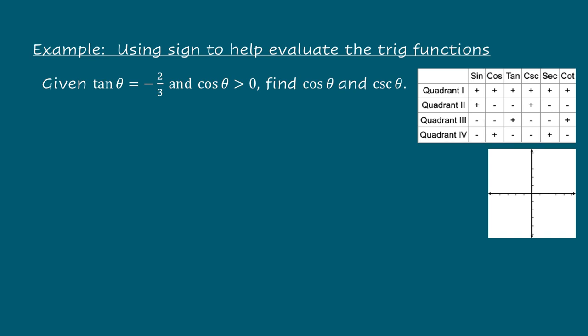So we need to figure out what our values are of x, y, and r in order to find our ratios for cosine theta and cosecant theta. Well, we know that tan theta is negative 2/3, so number one, we know that tan is negative.